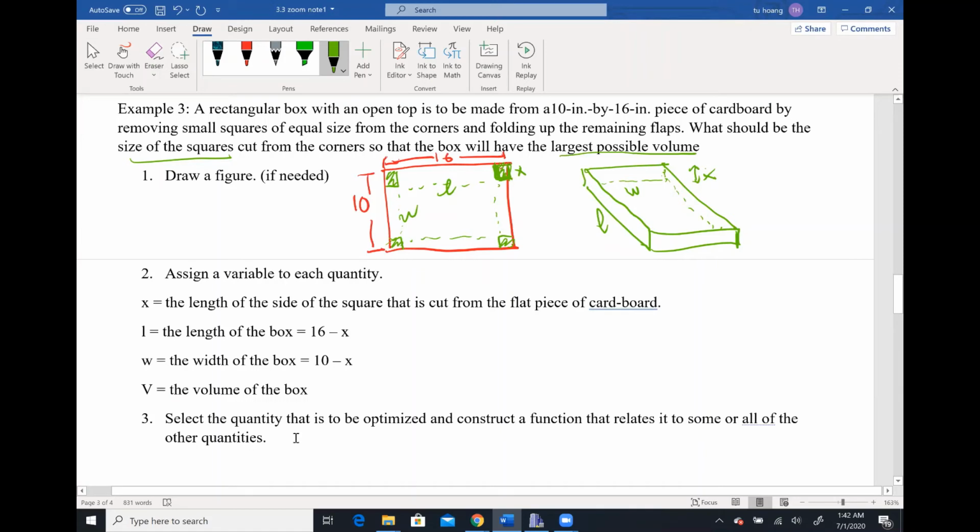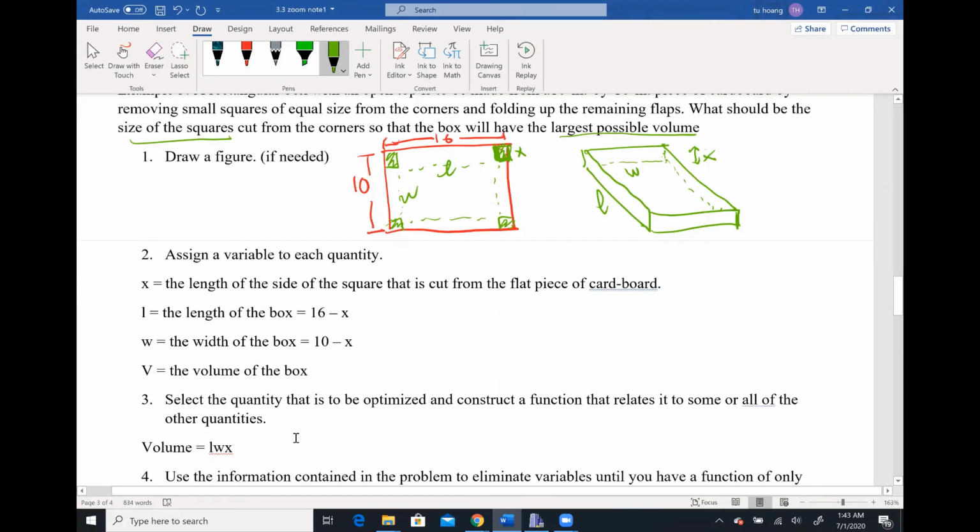Volume equals length times width times height, and the height here is x.